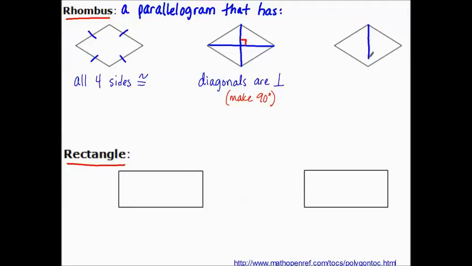Also, pertaining to the diagonals, notice that the way they connect to the angles is that they are bisecting the angles. This angle and this angle are congruent to each other. This angle and this angle are congruent to each other. The angles are being bisected by the diagonals. Each diagonal bisects the opposite angles.